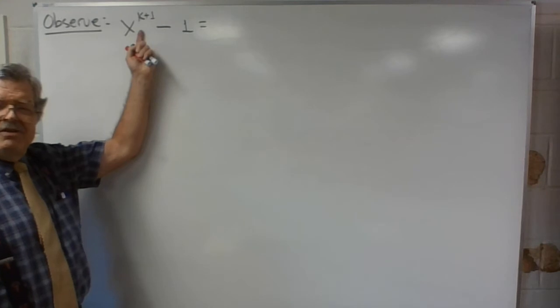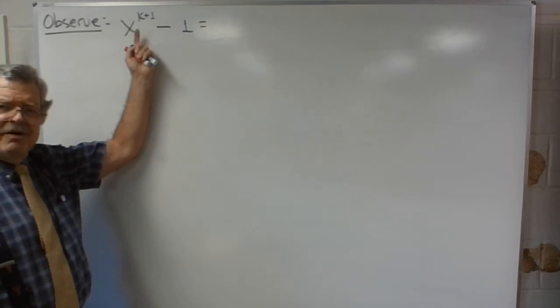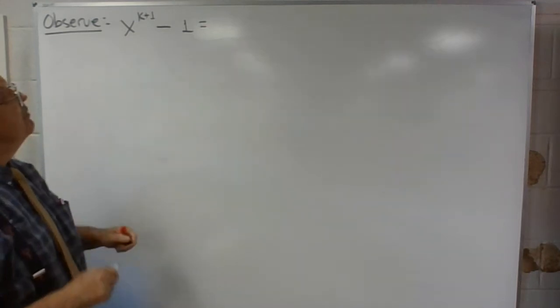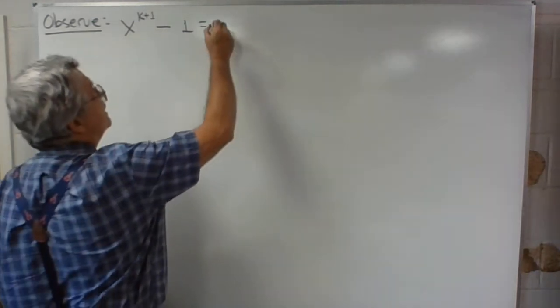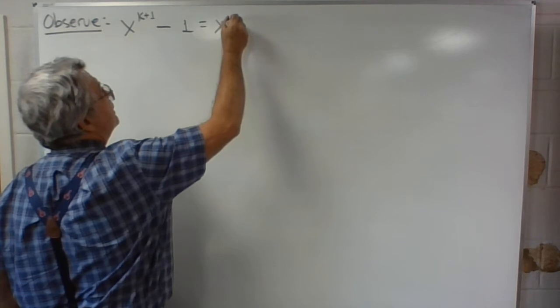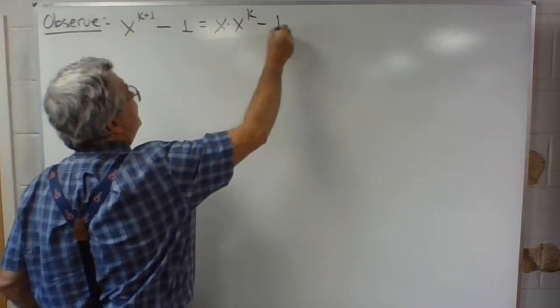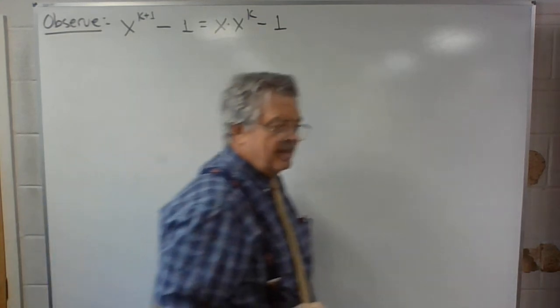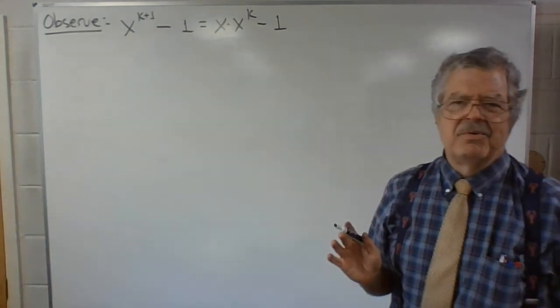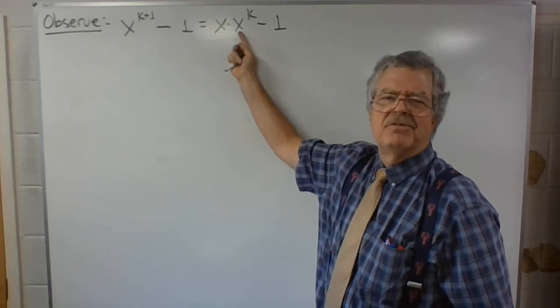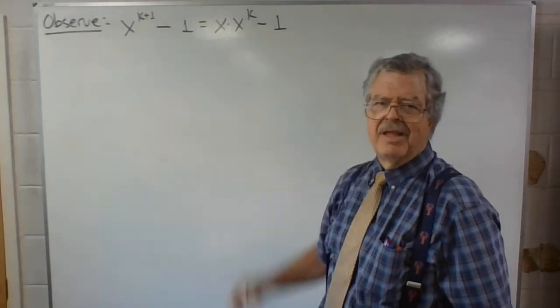So I want to take this x^(k+1) that I know nothing about, and write it in terms of x^k. Now that's not really all that significant, but at least I have something in terms of x^k here.